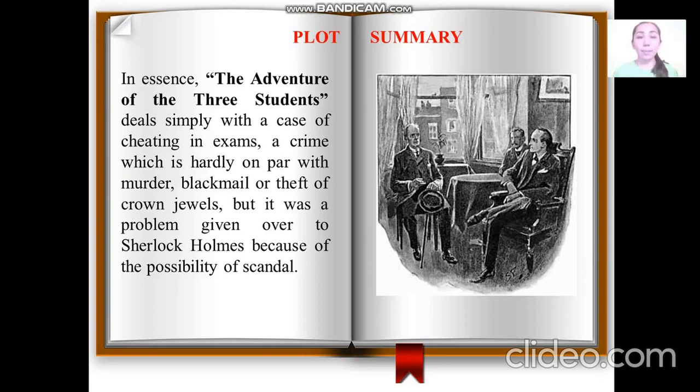In essence, the adventure of the three students deals simply with a case of cheating in exams, a crime which is hardly on par with murder, blackmail, or theft of crown jewels. But it was a problem given over to Sherlock Holmes because of the possibility of scandals.